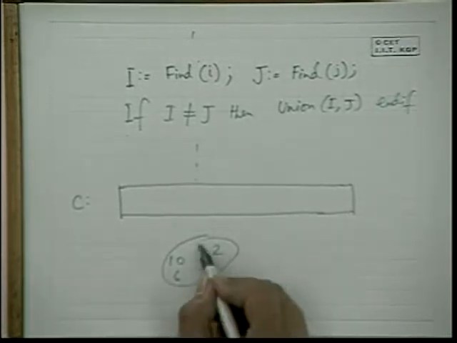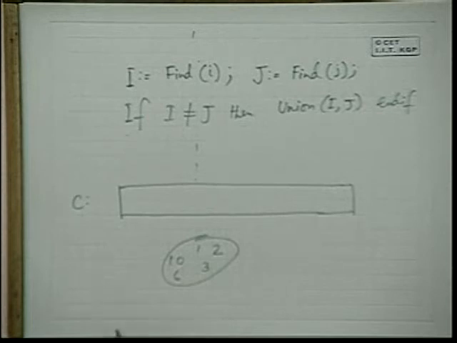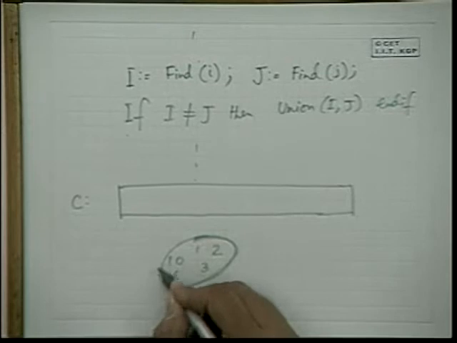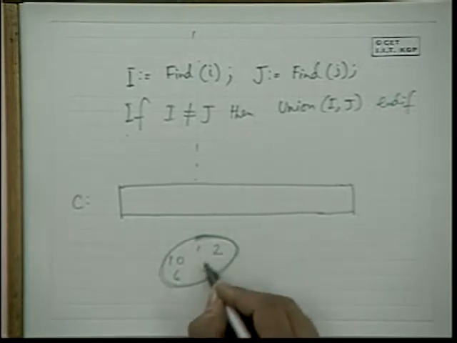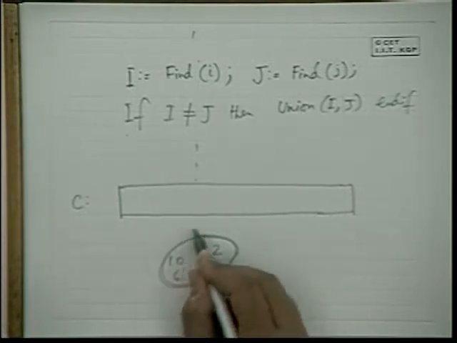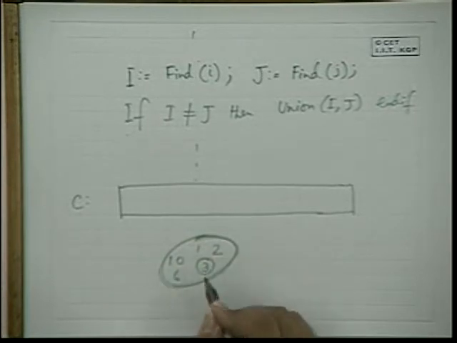Suppose this is a set of these elements. Then we will represent this set with one representative element. So in this case, suppose I take that representative element as 3. So as if the 3 represents this whole set. So the name of the set is 3.